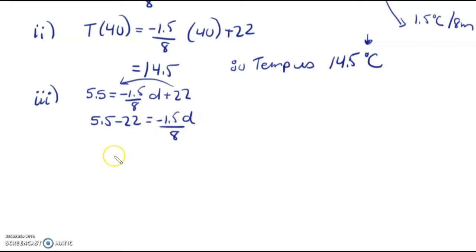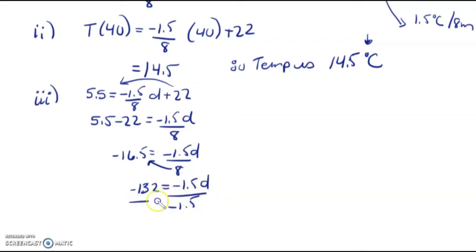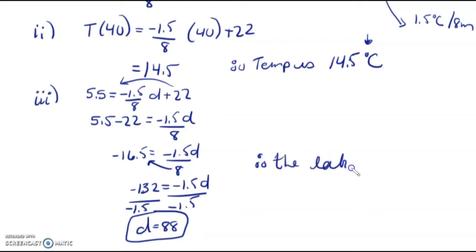We get negative 16.5 equals negative 1.5 D over 8. Let's cross multiply up. We get negative 132 equals negative 1.5 D. Divide out the negative 1.5, and I get 88. So we can say, therefore, the lake is 88 meters deep.